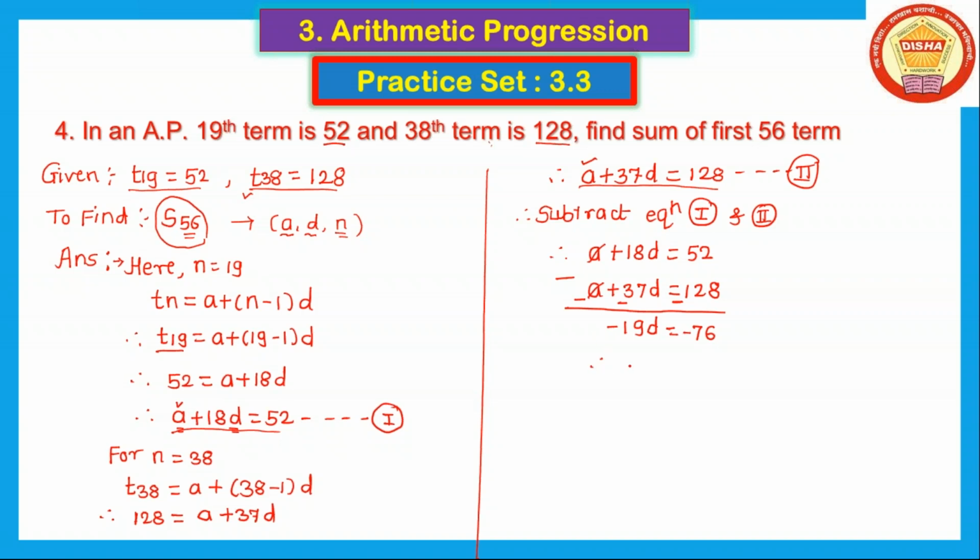Then we find the value of D. D is equal to negative 76 upon negative 19, which is equal to 4. Sorry. What do we find here? For the given example, we find the value of D, that is D is equal to 4.